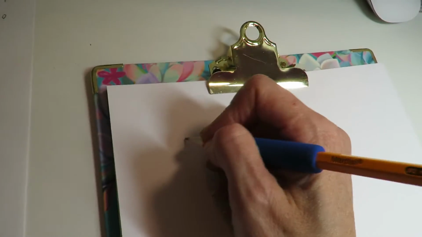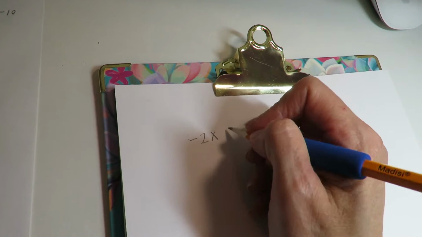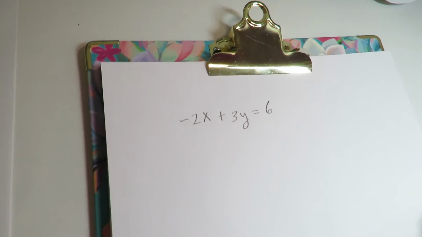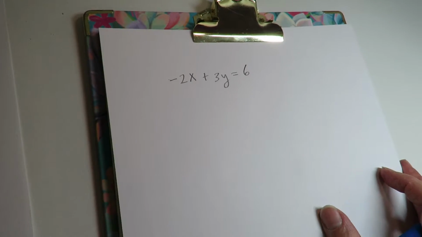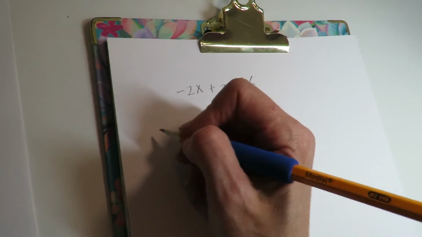So they're going to give you some sort of equation of a line, something that's going to be in standard form, and they're going to ask you to find a line that is parallel.